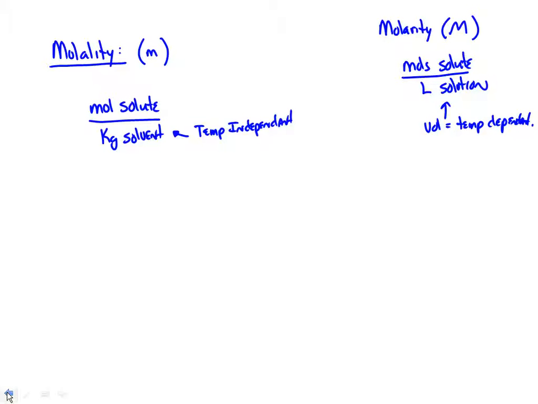So the idea is that we want to be able to calculate how much the freezing point changes, and we're going to want to calculate how much the boiling point changes. Yes, Oksana? So molarity is moles of solute over solution, meaning solvent and salt. Right. And molality is just the solvent. Yeah, there's a small difference there, but not enough for us to matter most of the time.